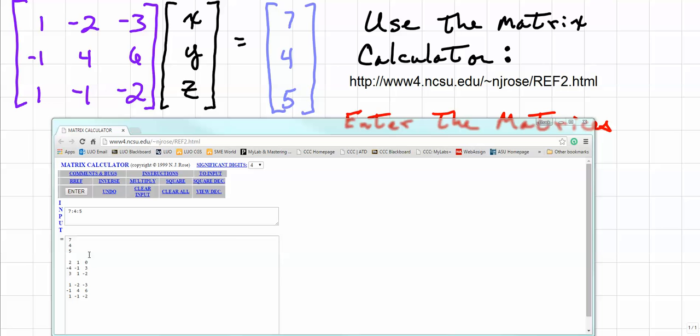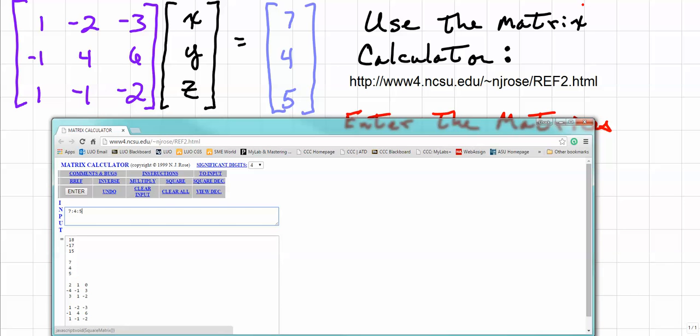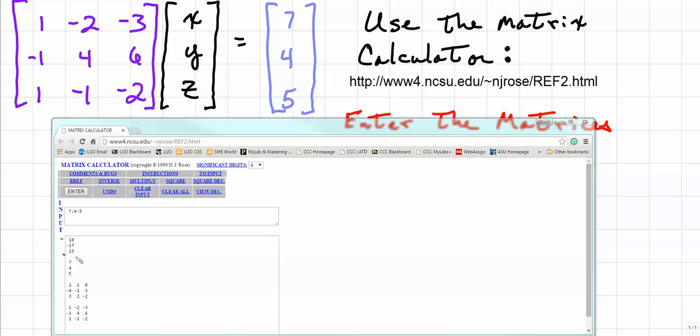The next thing that I'm going to do is left click multiply, and this gives me the answer. And this is going to be what X is equal to: 18, -17, 15.